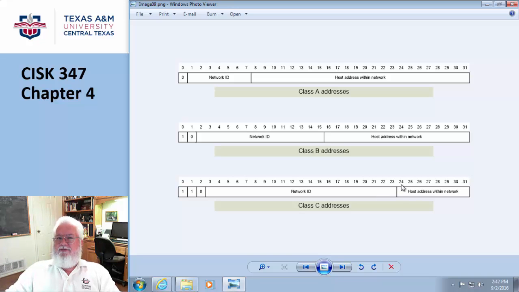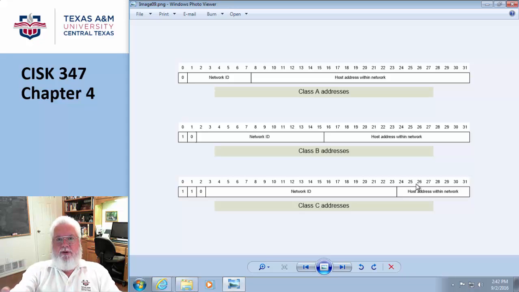So a /24 is identical to a Class C. A /16 is identical to a Class B. So there's no difference there. CIDR really happens when there's a number between 16 and 24 or so. You could go out to 26 or something if you wanted. But anyway, the idea is you get to move that little line around.